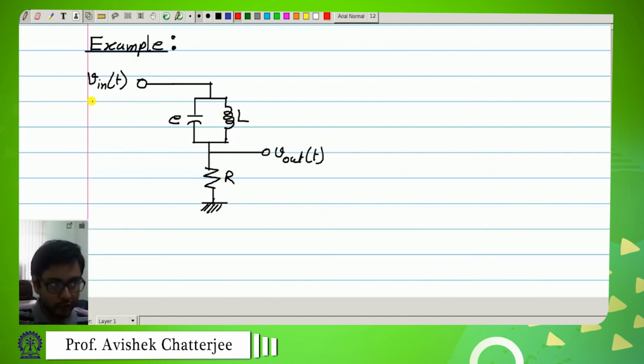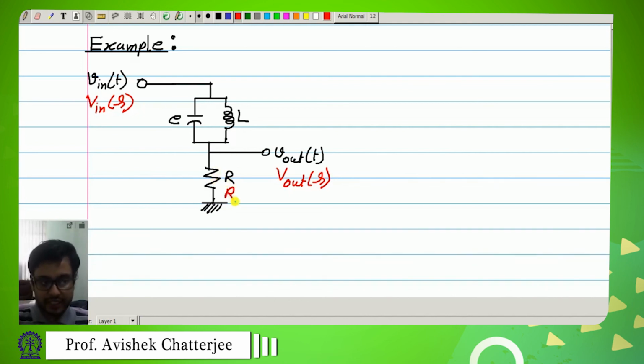So we will first replace all time domain functions with their Laplace domain equivalent. V in S, capital V out S. These impedances will also be replaced with their S domain equivalents.